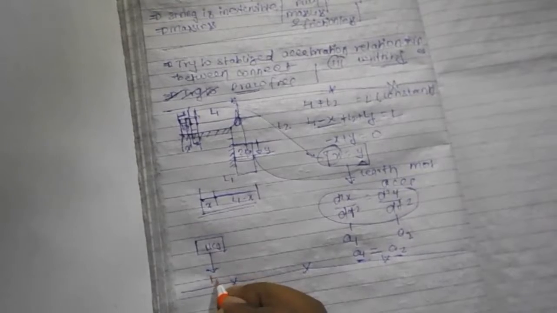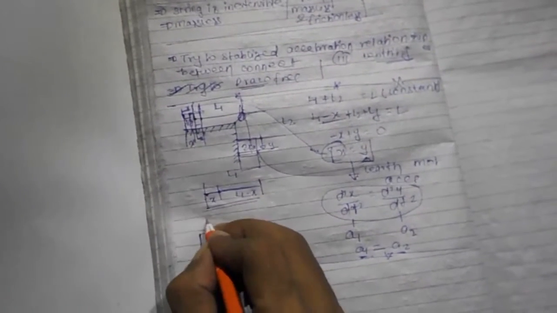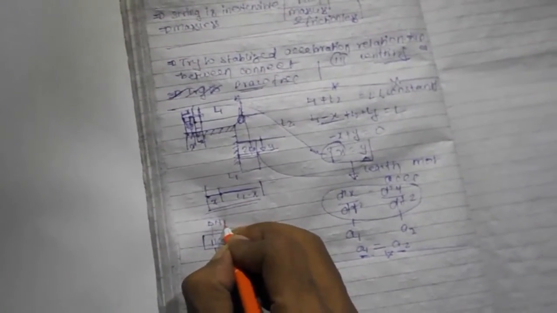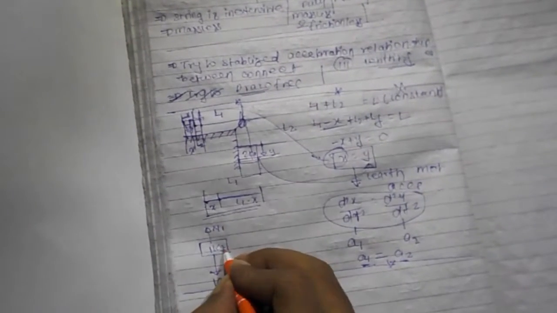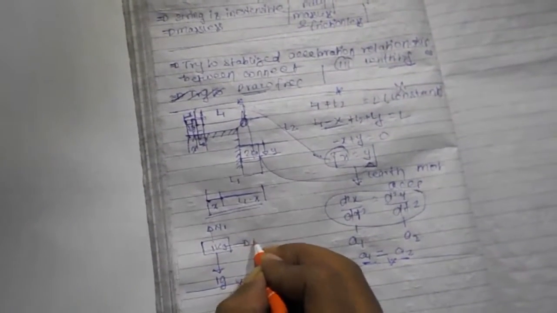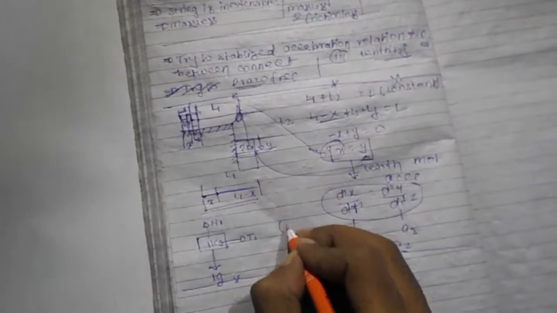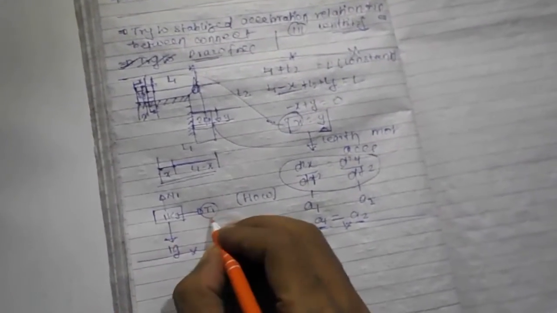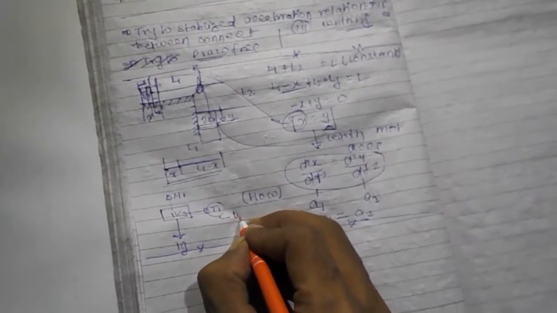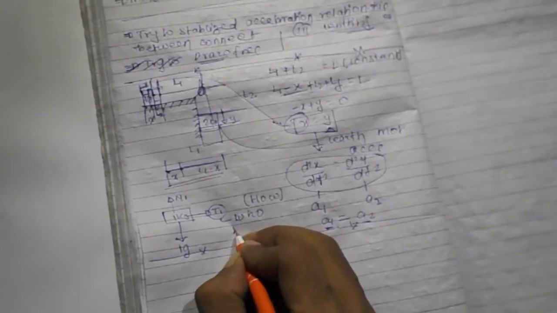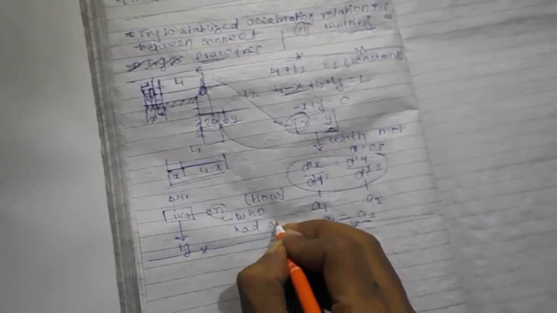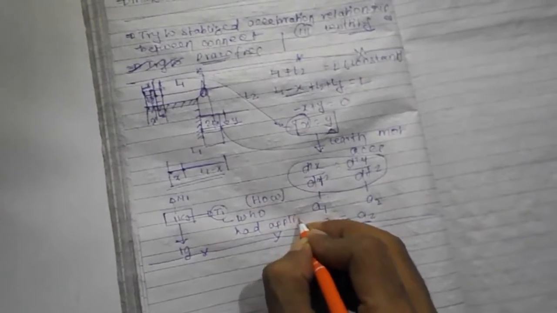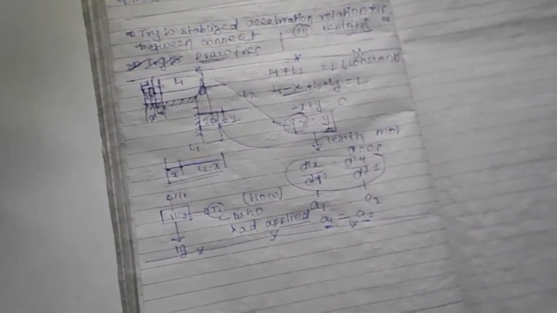This is 1g. This is N1. You should know why T1. Who applied this? You should know who applied this. If you know this answer, it's good for you.